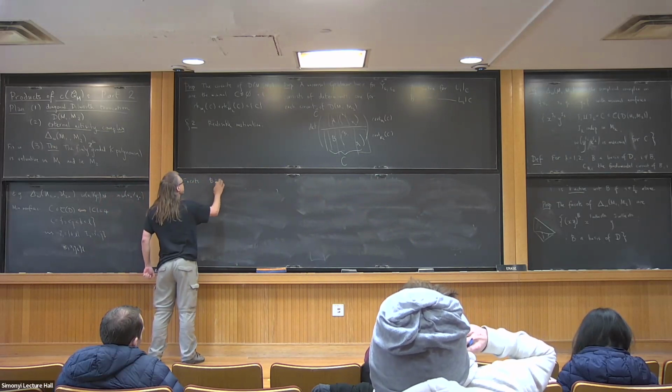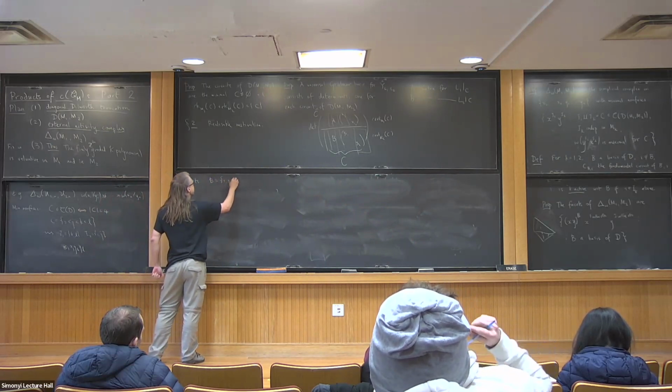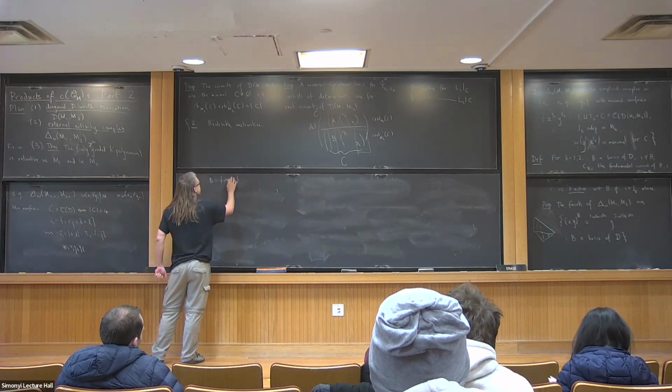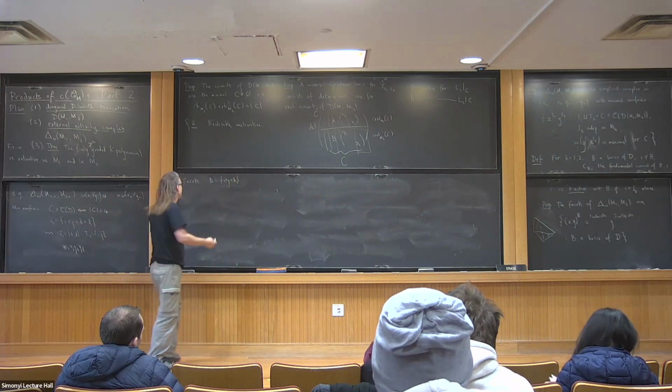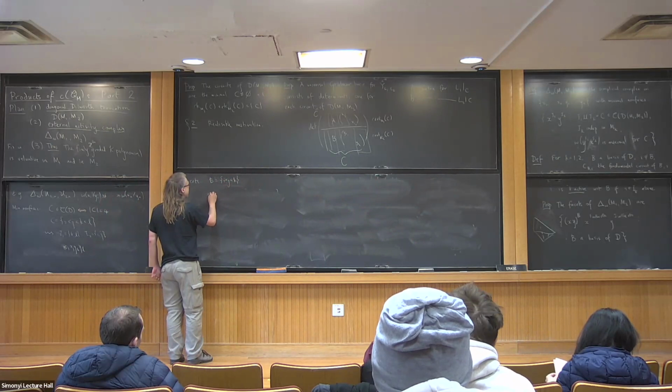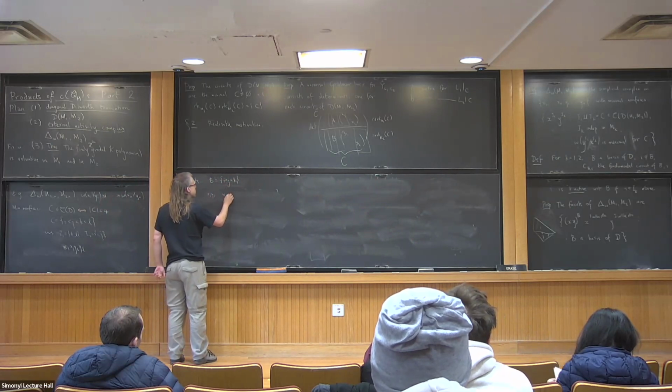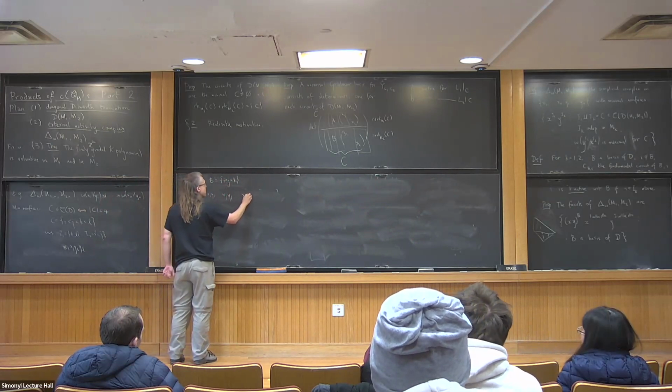So the bases are in fact the sets of 5, 3. So if B is something like this, all right, then I'm going to get X I, Y I, X J, Y J, X K, Y K.